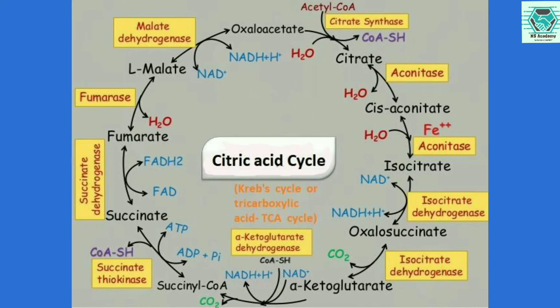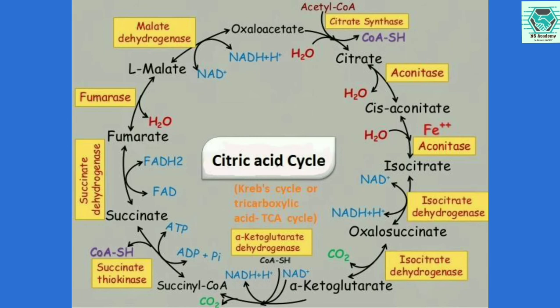In step 7, there is formation of succinate. Succinyl-CoA is converted to succinate by the enzyme succinate thiokinase. This reaction is coupled with phosphorylation of GDP to GTP.